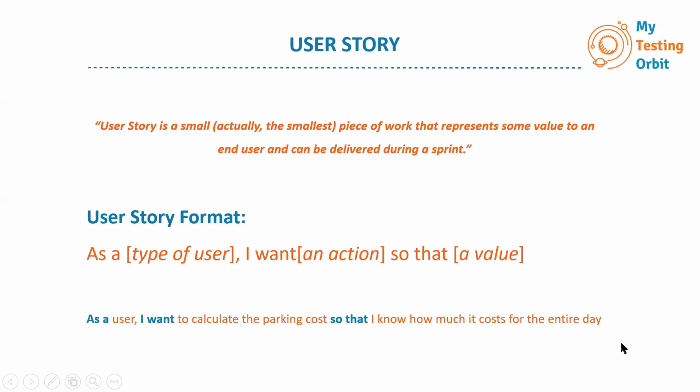Okay, so if you are already using user stories in your company, you might see that maybe this is not the format you are getting the user stories in. Maybe it's more of a one-liner breakdown of requirements, which is not an ideal way of writing user stories. This is the correct format, but I have seen at many places, if the team is not trained enough, or maybe they don't know how to write a proper user story, then they just break down the requirements in one-liners and assume this is the user story.